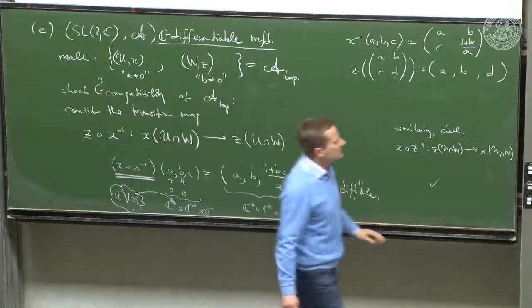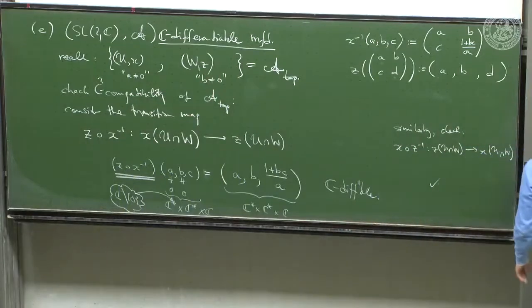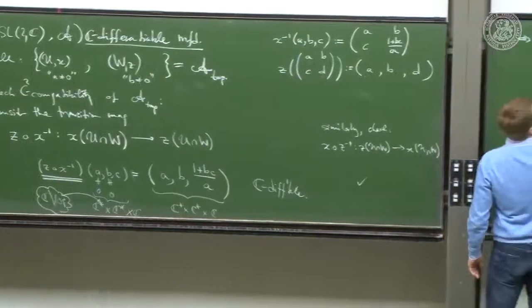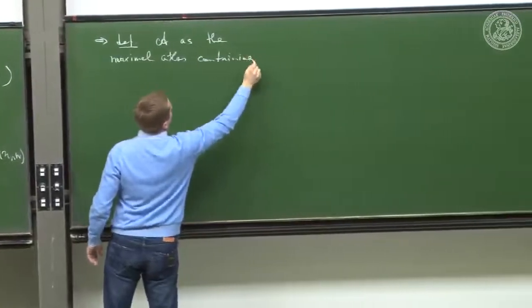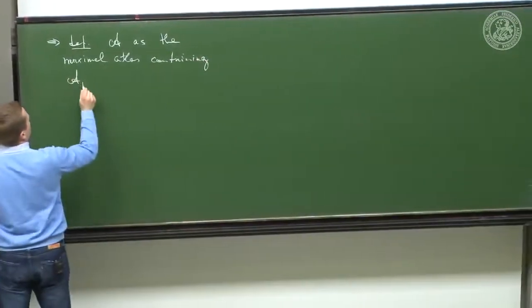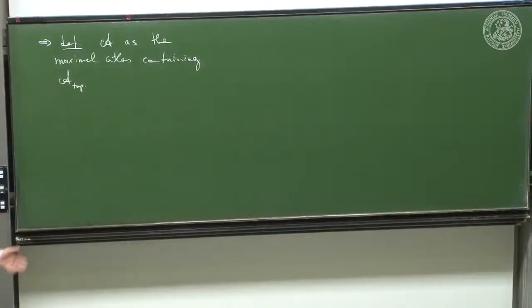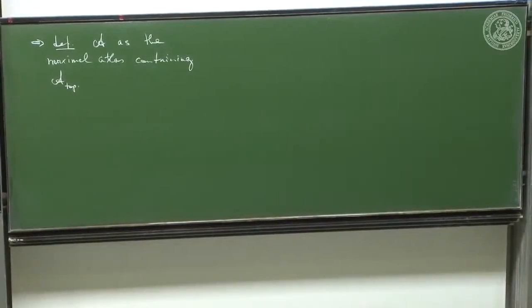Now, if I have that, you can certainly define uniquely the maximal atlas, A, as the maximal atlas containing, so the maximal differentiable atlas containing A top. So you put all the other charts that come to mind also in there that are to the desired degree of differentiability compatible with these charts.